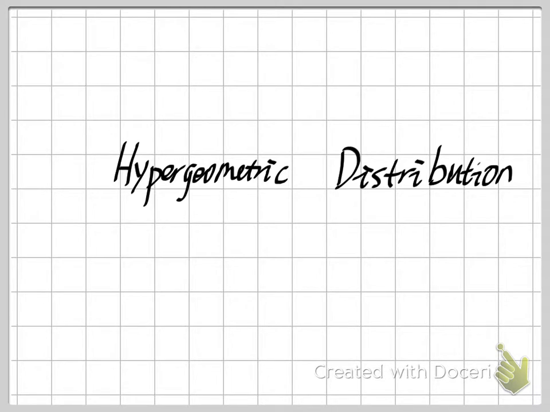In our previous videos, we already talked about the Bernoulli trials, binomial distribution, geometric distribution, negative binomial distribution. So here, this hypergeometric distribution is also a distribution related to our previous examples.